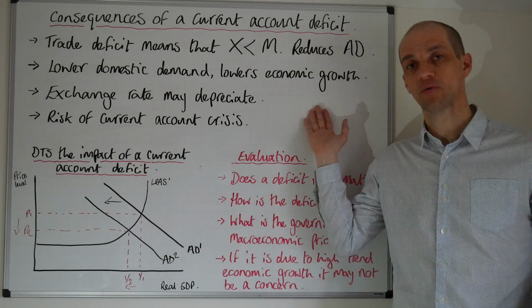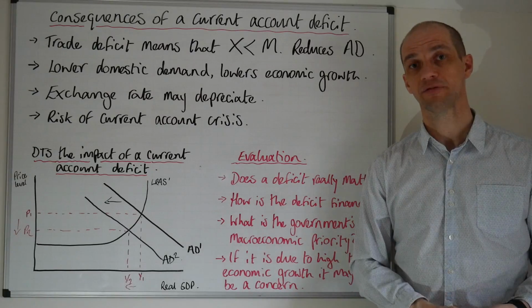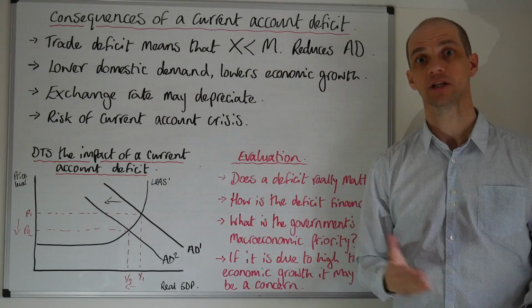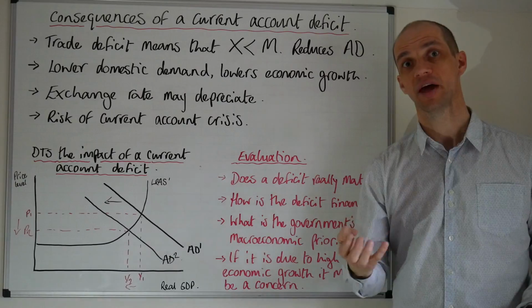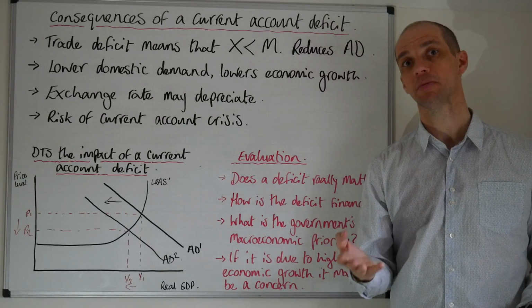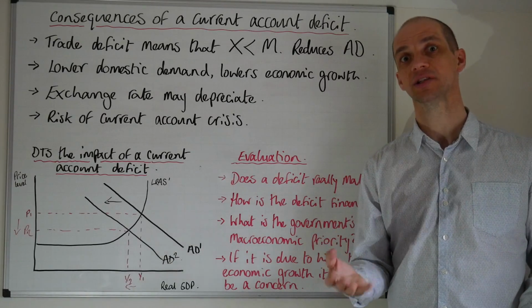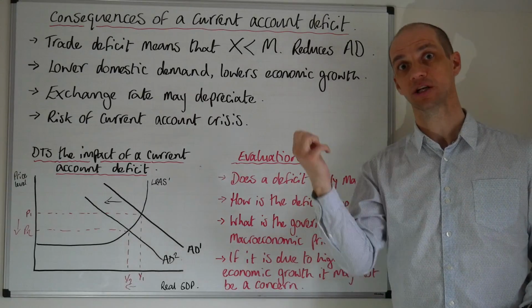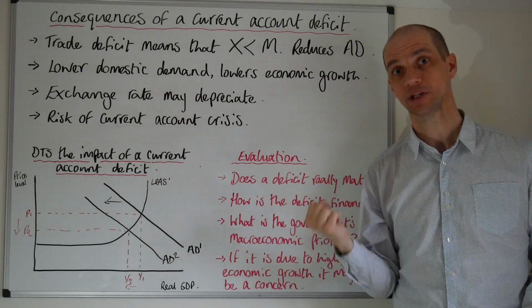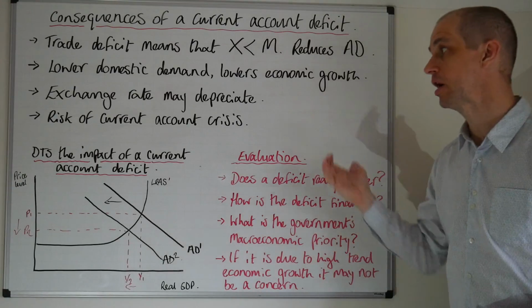So if you are running a large current account deficit and therefore a trade deficit, then what may be seen by international speculators is the need for that price to actually come down, for that price to depreciate in value.